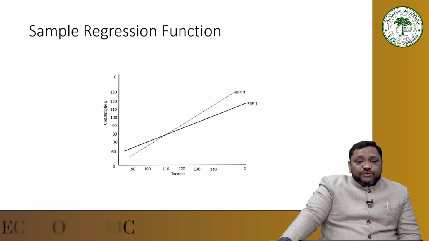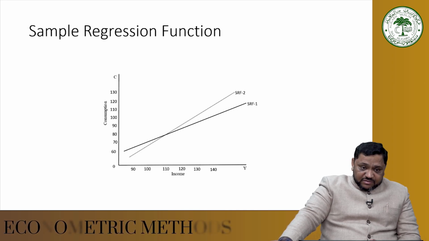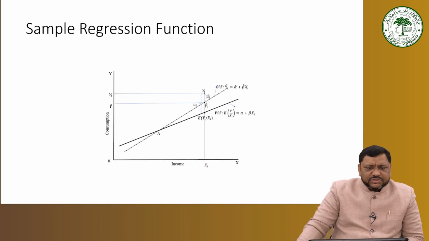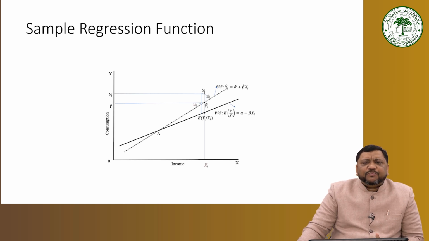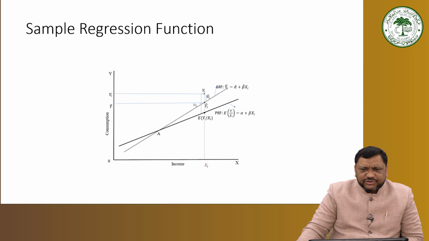Now we have two sample regression functions representing the same regression line, as shown in this figure. So the main purpose of regression analysis is to estimate the population regression function using the sample regression function.